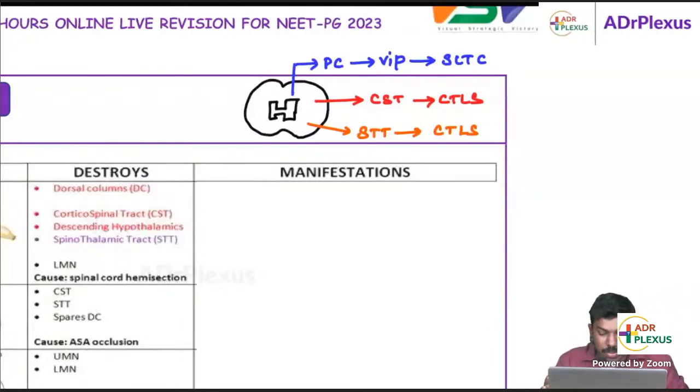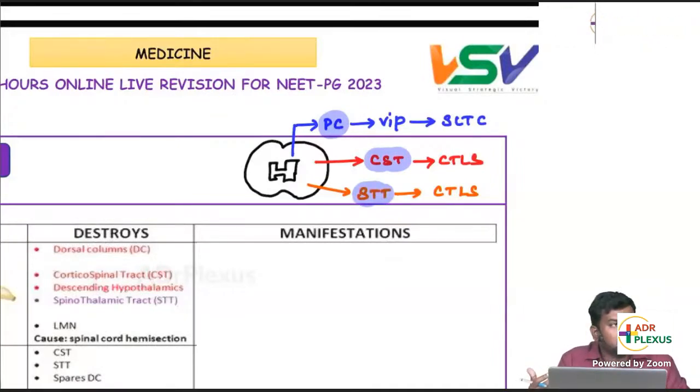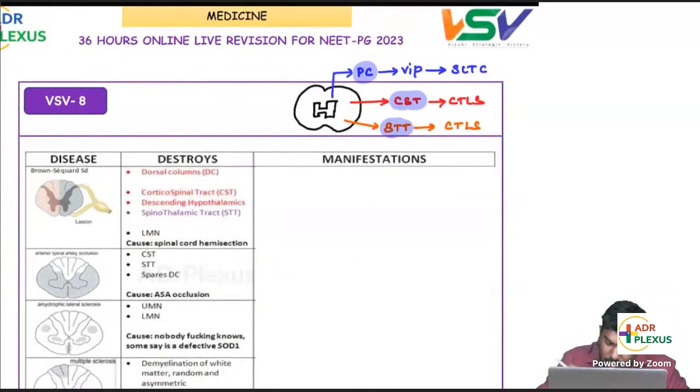Spinothalamic tract is an ascending tract. Where do the posterior column fibers cross? At the lower medulla. Where do the corticospinal tract fibers cross? Lower medulla. Where do the spinothalamic tract fibers cross? In the spinal cord itself. Excellent.